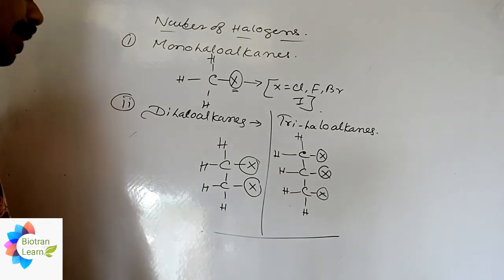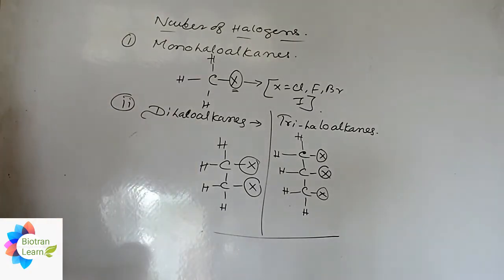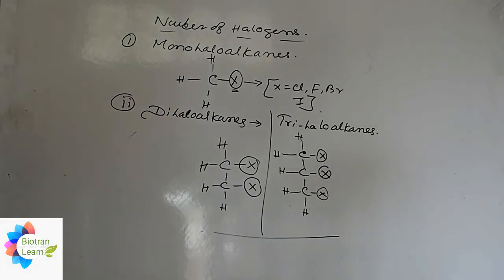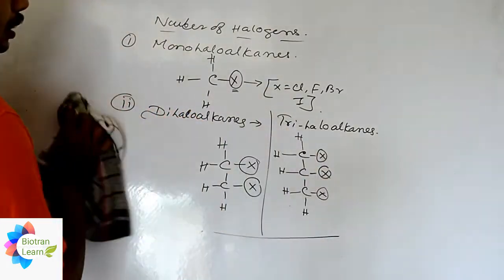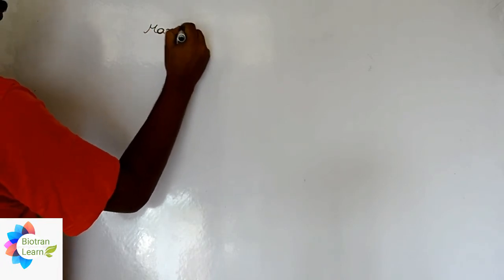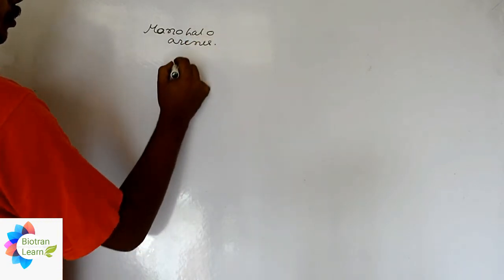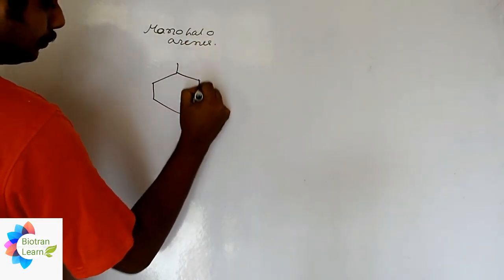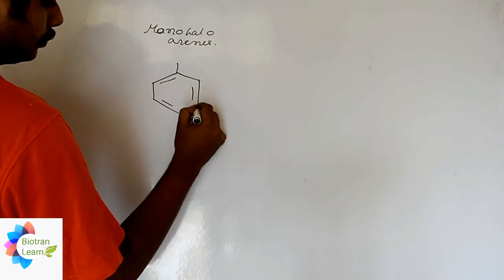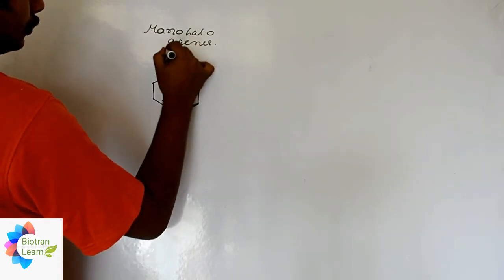In case of haloarenes too, we can have mono, di or trihalo kinds of structures. Let's see how in case of haloarene the main structures work, right? So in case of haloarene we can have monohaloarenes with a single halogen.